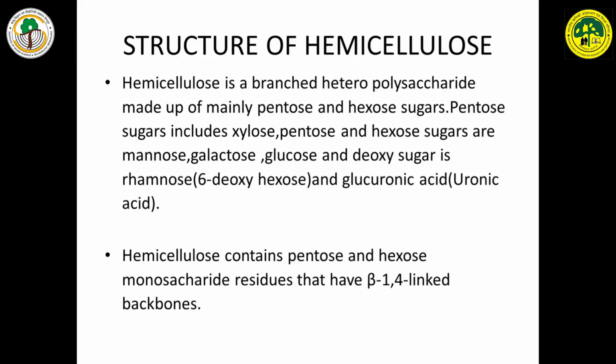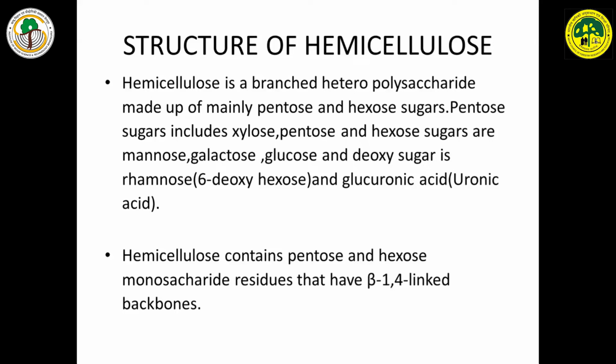Pentose sugars include xylose and arabinose, and hexose sugars are mannose, galactose, glucose, and deoxy sugars like rhamnose, next to glucuronic acid.